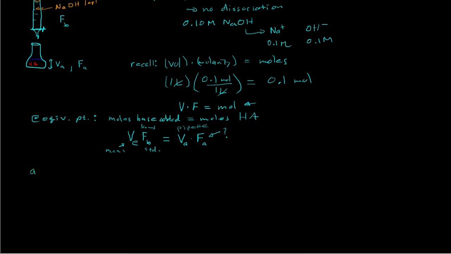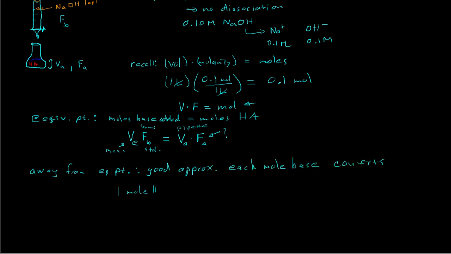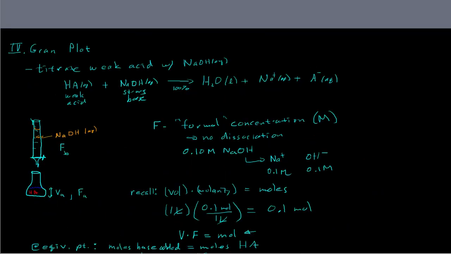So if we're away from the equivalence point, then it's a good approximation that each mole of base converts 1 mole of our weak acid into 1 mole of its conjugate base, right? So just going back up to our reaction equation up here, each time we add 1 mole of base, it's going to convert 1 mole of acid to give us 1 mole of A-.